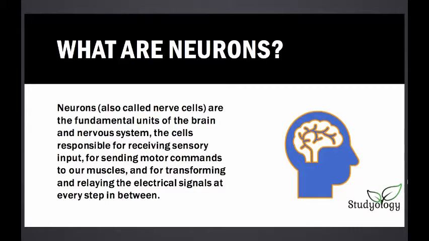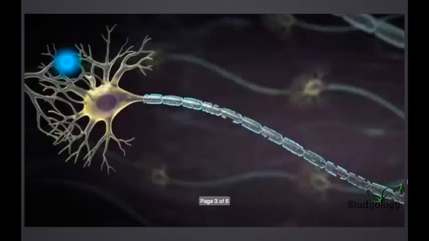They are the cells responsible for receiving sensory input, for sending motor commands to our muscles, and for transforming and relaying the electrical signals at every step in between. Neurons are the nerve cells that send us commands or signals through electrical waves through our muscles, and they also send motor commands so that we can do specific jobs.